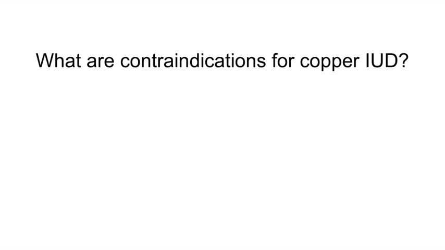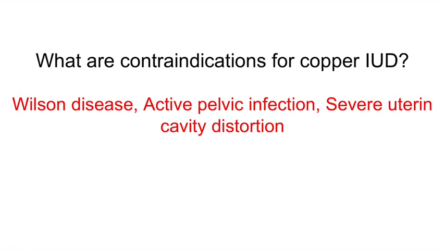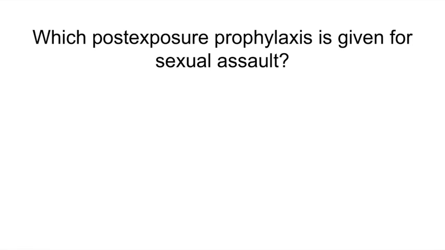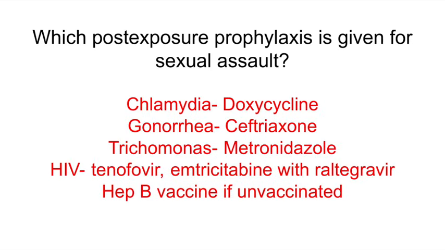Wilson's disease, active pelvic infections, severe uterine cavity distortion. Which post-exposure prophylaxis is given for sexual assault? Doxycycline, ceftriaxone, metronidazole, tenofovir, and Hep B vaccine if unvaccinated.